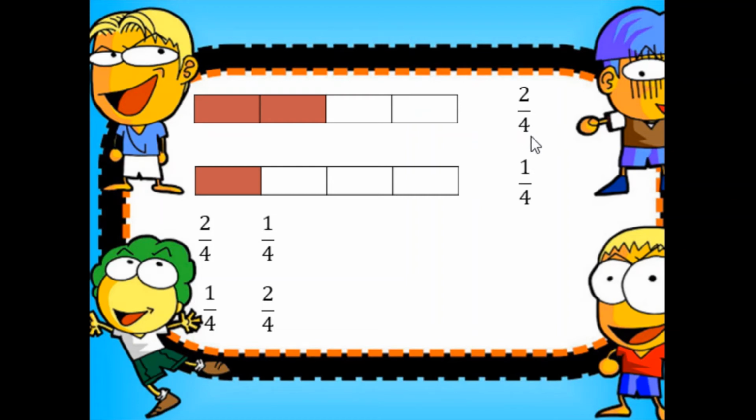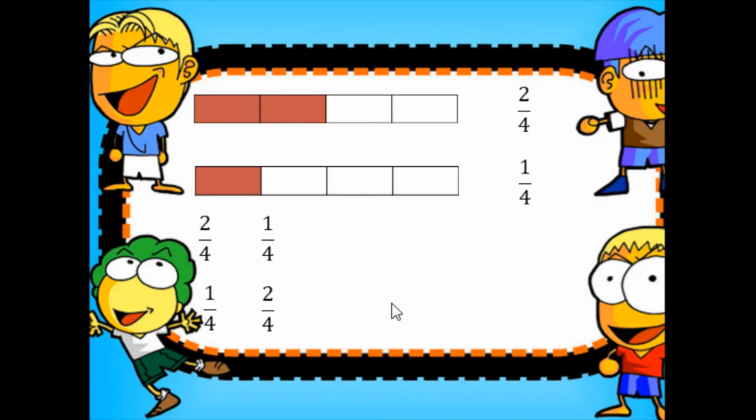Write 4 here. Okay? Why is it 2? Because we have 2 colored or shaded parts. So when you read it, it's 2 fourths. And this one is 1/4.